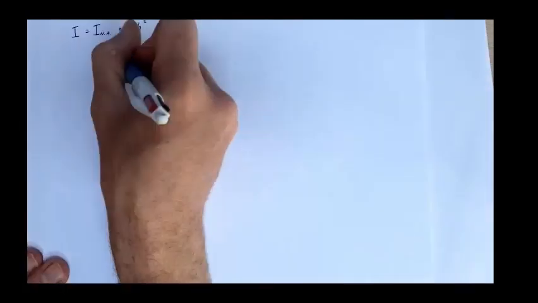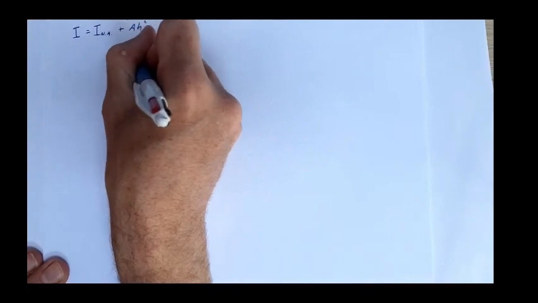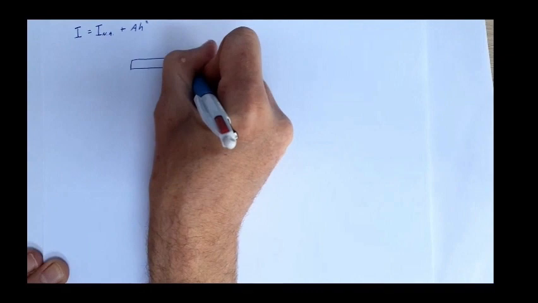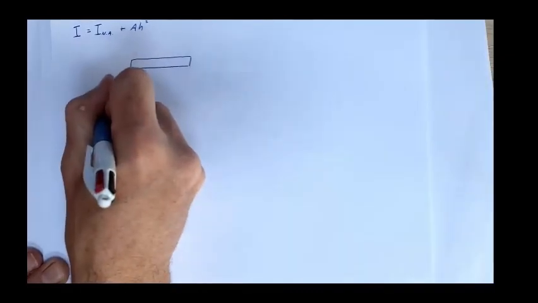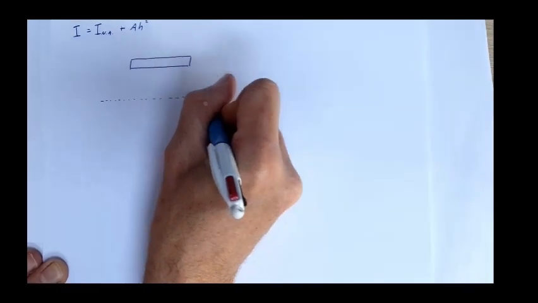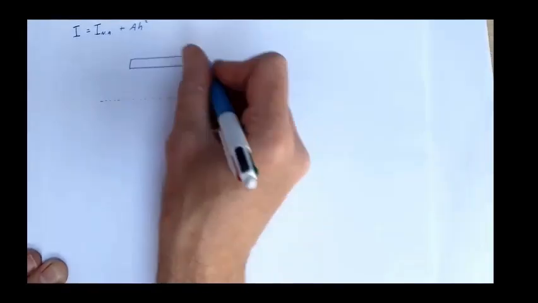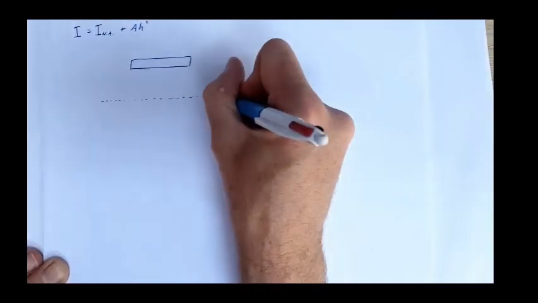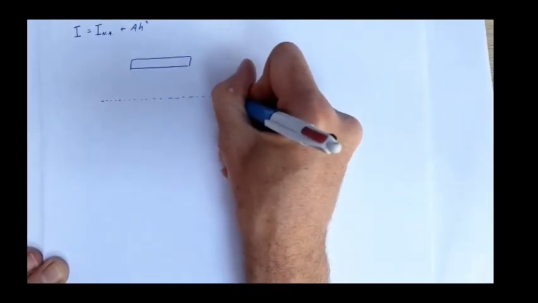So let's say we had a rectangle or some shape, and we wanted to calculate the second moment of area of that shape around this axis. So my overall shape, some sort of compound shape, it's got this bit in here. The overall shape's neutral axis is there.